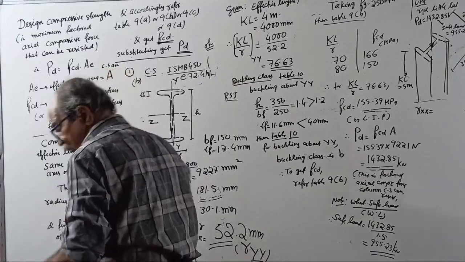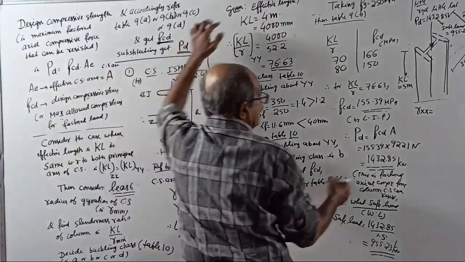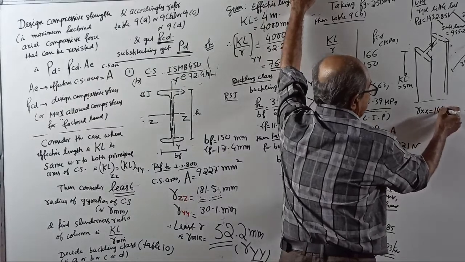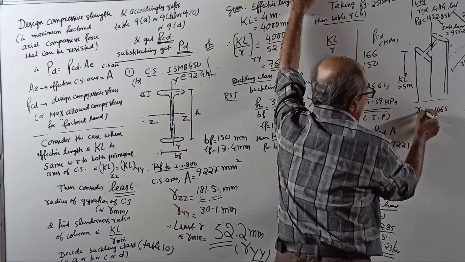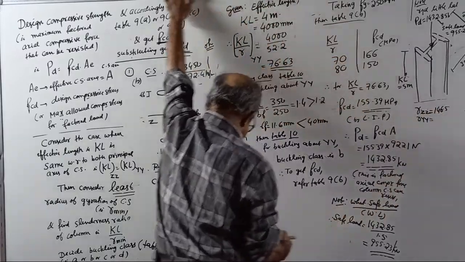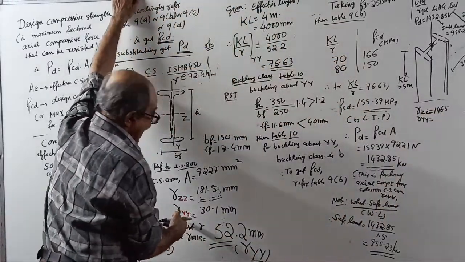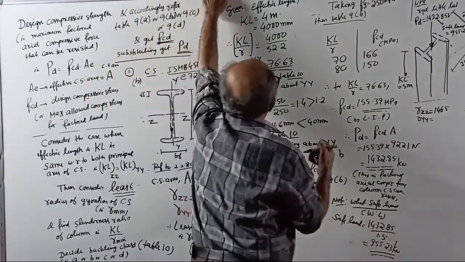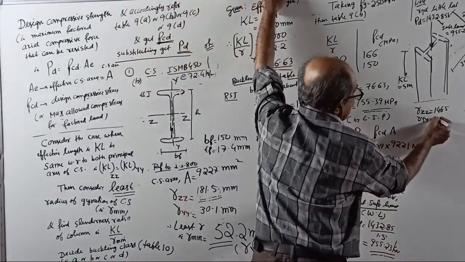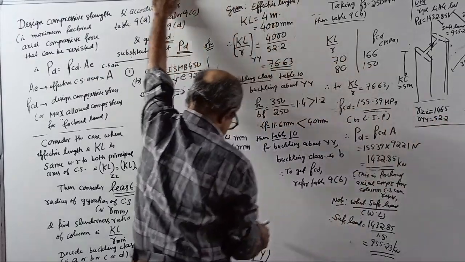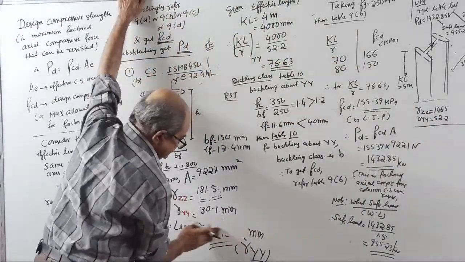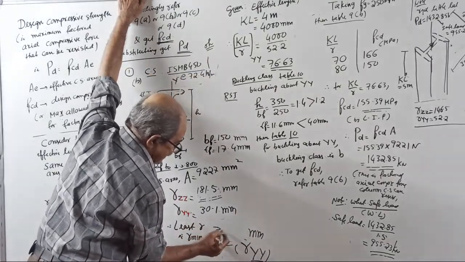RXX was 146.5, and your RZZ, not RYY, sorry, RZZ was 52.2 last time. Now therefore, the least R is 30.1 millimeter.